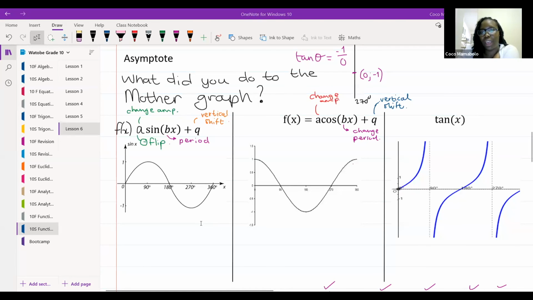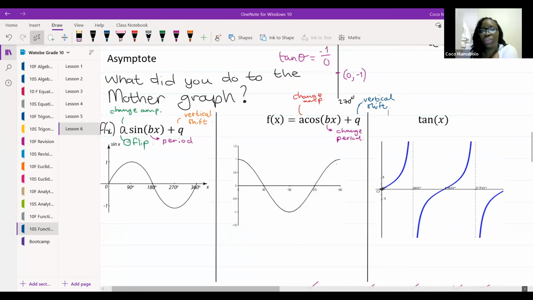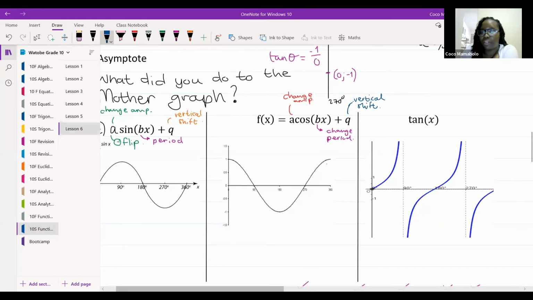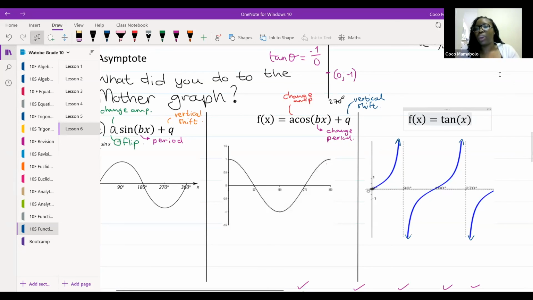All right, now I want you guys to note when we come to the tan graph, do you notice how my graph keeps going? It's just going to keep going up and down forever and ever. It goes to infinity. So if I asked you what is the amplitude of my tan graph?